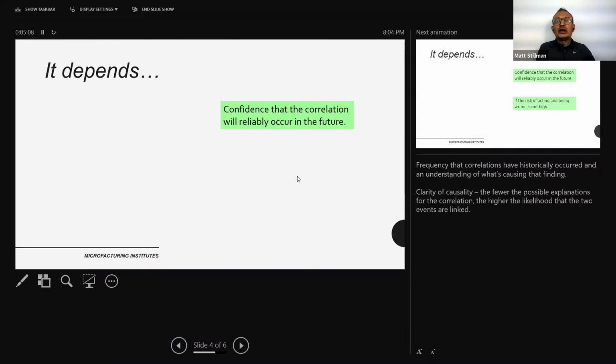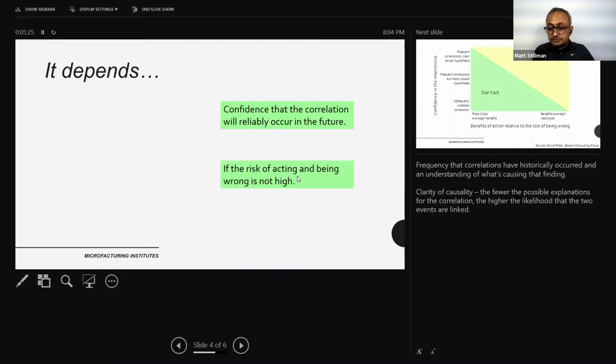They serve you a wrong ad, you don't click on it, big deal. They have billions of search hits every day, so they don't necessarily care if they serve a few of them wrong ads. So if the risk of acting and being wrong is not high, correlation is fine.